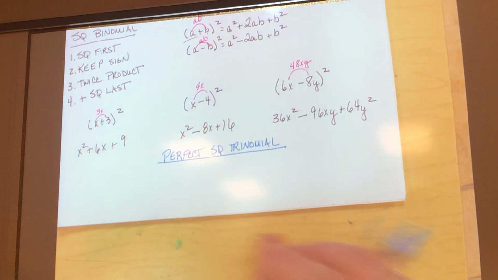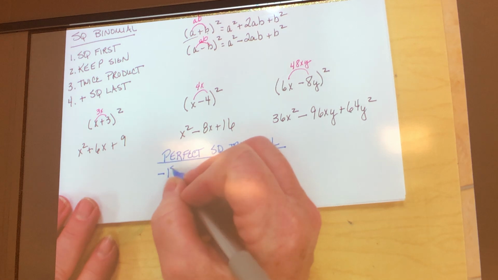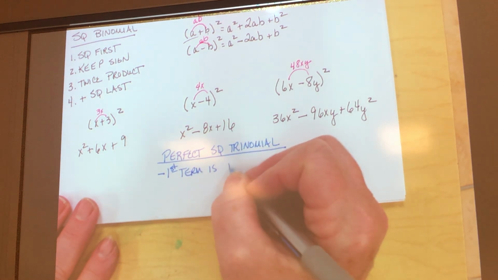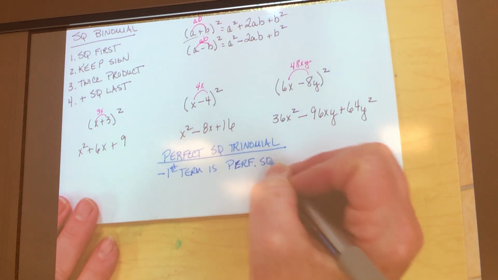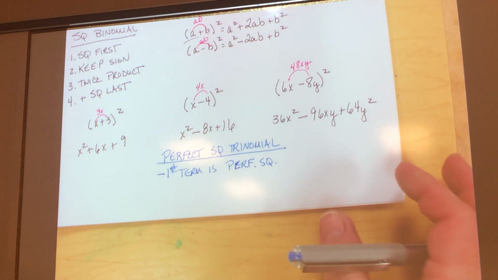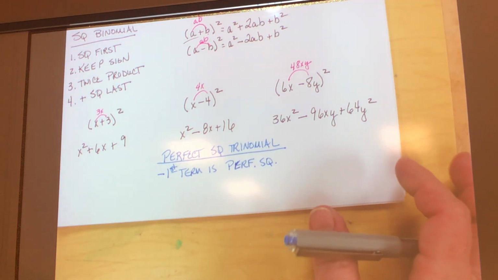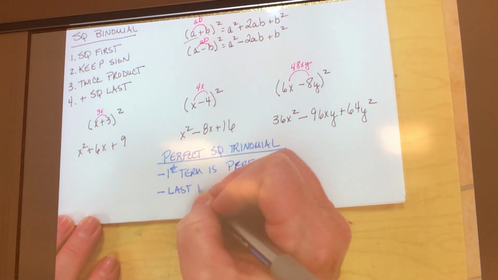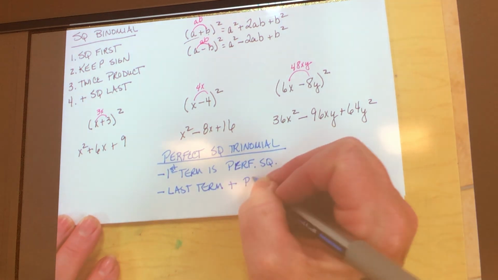Okay, a perfect square trinomial. How will I know if something is a perfect square trinomial? Well, if it's a perfect square trinomial, my first term is a perfect square. How long does that take me to figure out? Not even 2 seconds. You look at it and you go, yep or no. Okay? Now, here's the next thing. My last term has to be plus a perfect square.